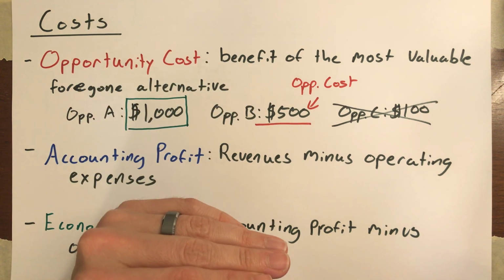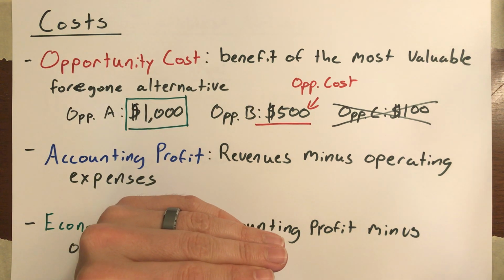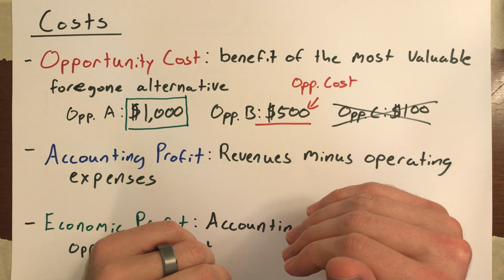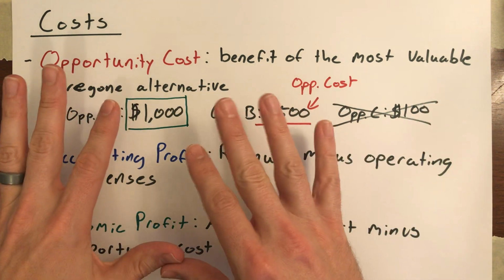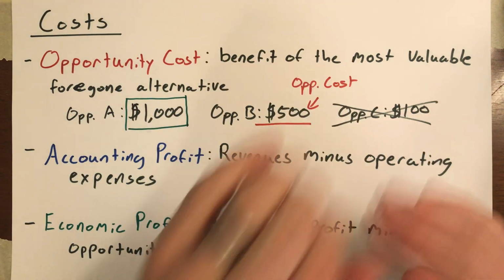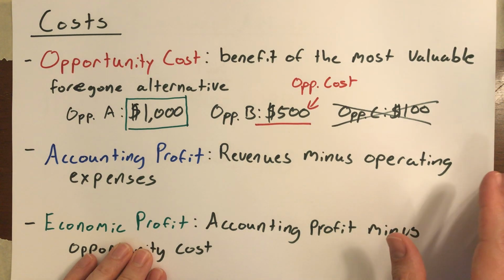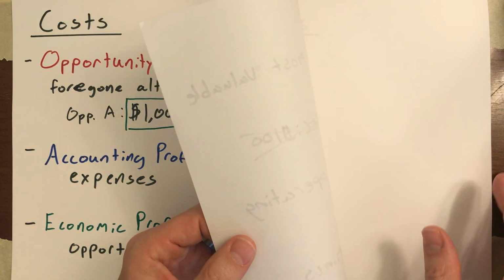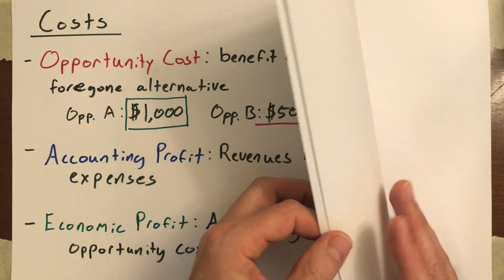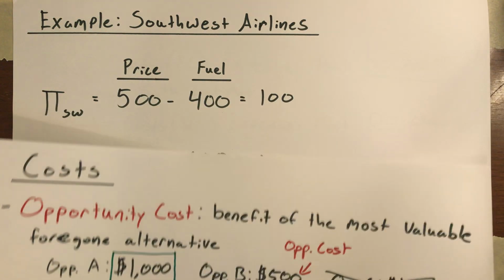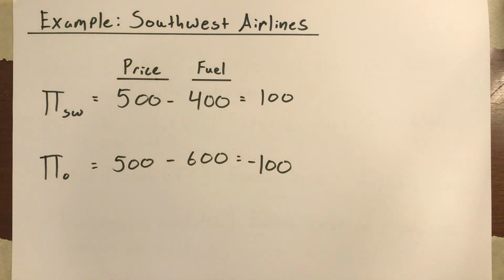So having negative economic profits means there's something else you could be doing that would make you more money, so you should stop doing what you're doing now and move on to doing that other thing. Switch. So that's a kind of subtle distinction, accounting versus economic profit, but it turns out to be a pretty important concept. And I want to talk about an example of where it applies.